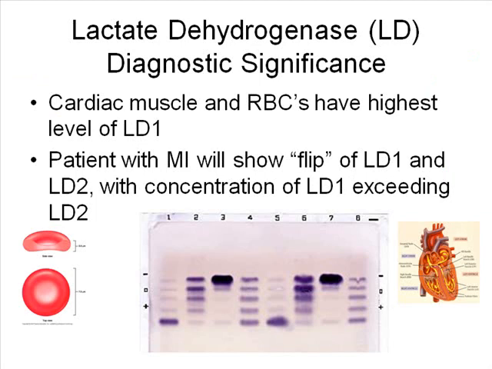I think as certification exams go on, we're probably going to see this question being phased out or asked in a different way. Because if you have a hemolyzed sample, what are you going to see? Higher levels of LD1 from hemolysis, not because of an MI. All right.